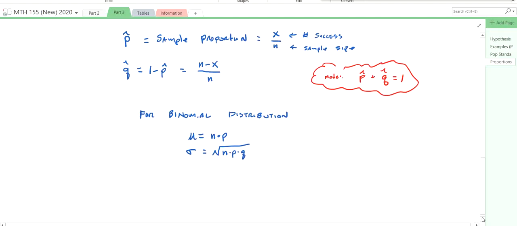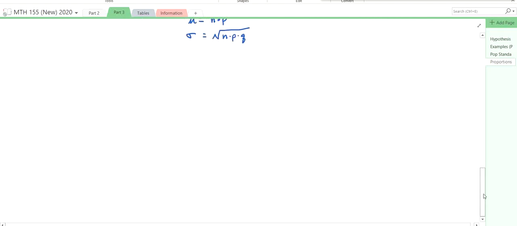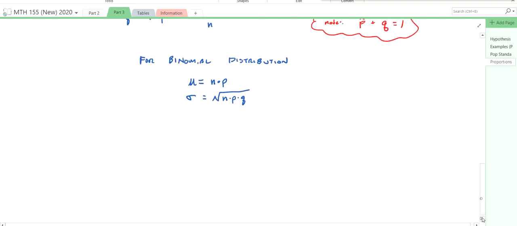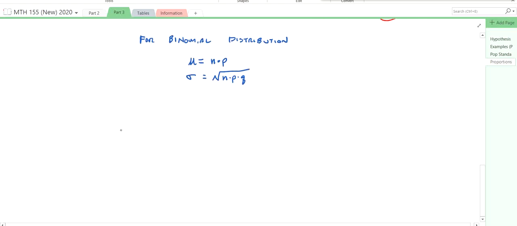It's always easy to calculate, much easier than standard deviations for means.